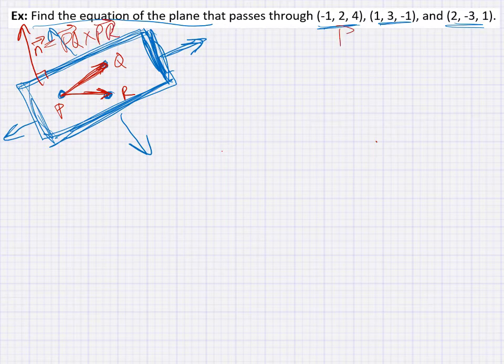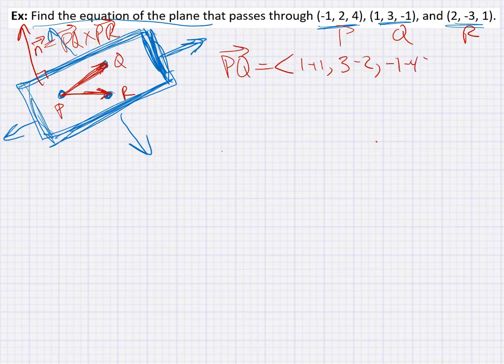So let's call this P, Q, and R. So vector PQ would be terminal minus initial. So 1 minus -1, so +1, and then 3 minus 2, and what's that going to be? -1 minus 4. So what do we get? <2, 1, -5>.